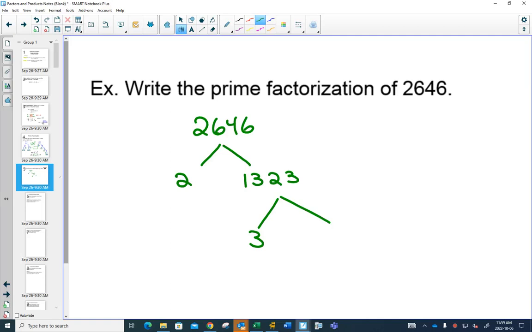Because 3 times 400 would be 1,200. 3 times 500 will be 1,500. So it's going to be 400 and something. Okay? So if 3 times 400 gives you 1,200, you need to get another 123. 4 again, because 3 times 40 will give you 120.